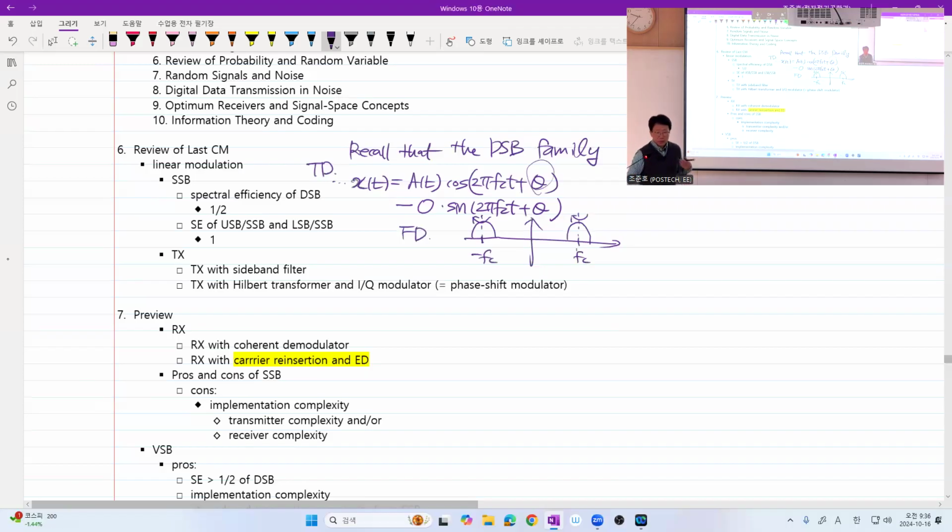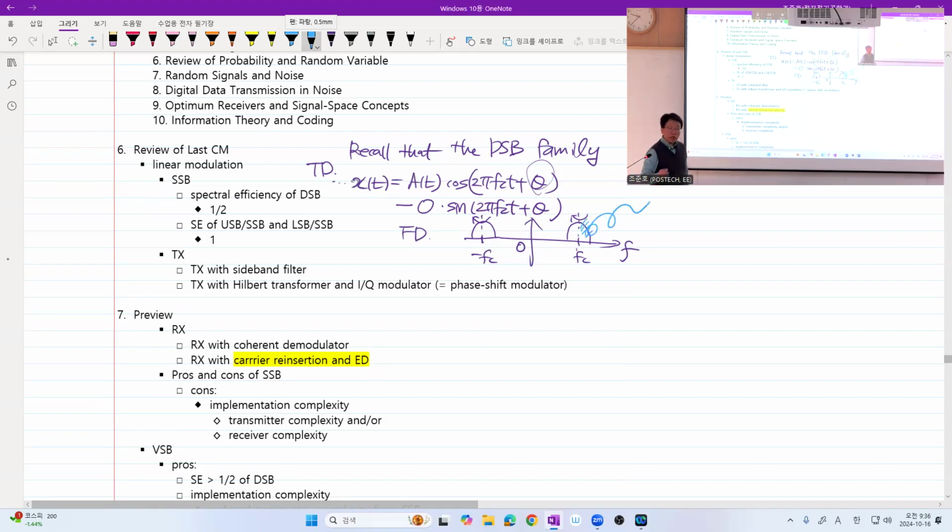So this DSB family has the transmitted signal that is not only conjugate symmetrical with respect to the frequency origin, but also if we remove that part, forgetting about the negative frequency component, then we again have conjugate symmetry with respect to Fc. And if we ignore these positive frequency components, then we again have conjugate symmetry, which means that we can do something like this. We delete, for example, this part.